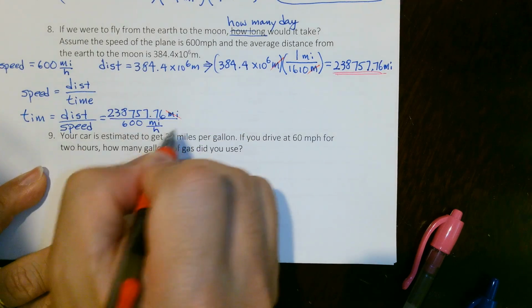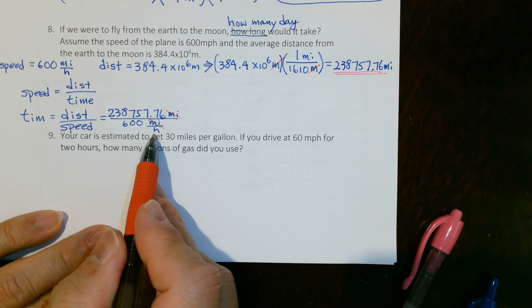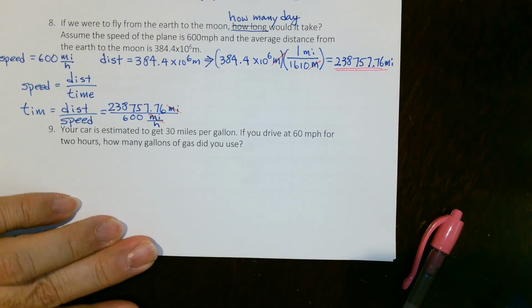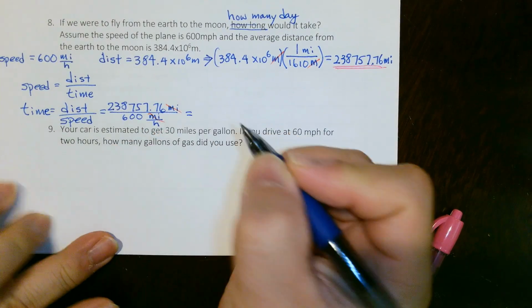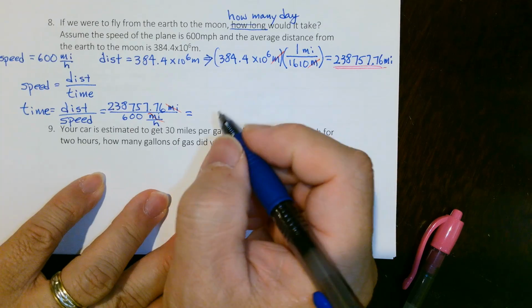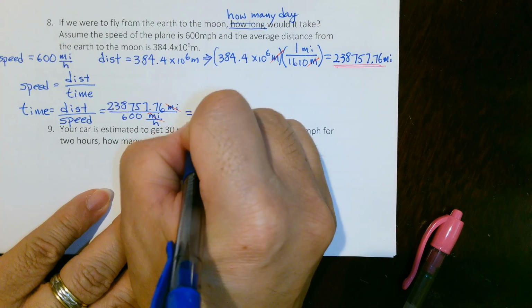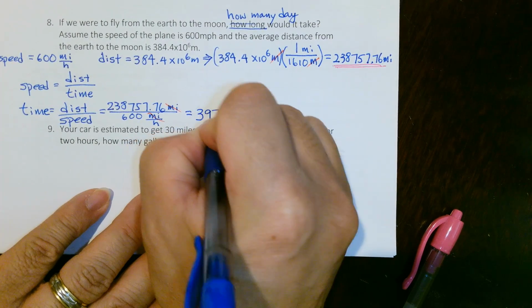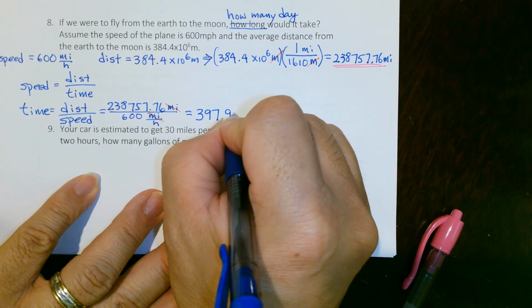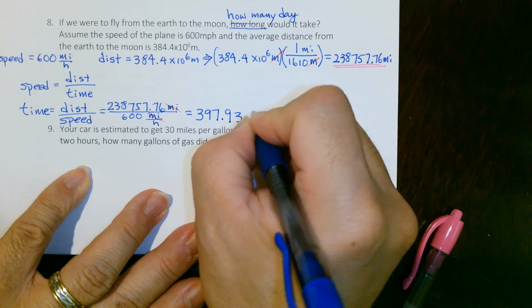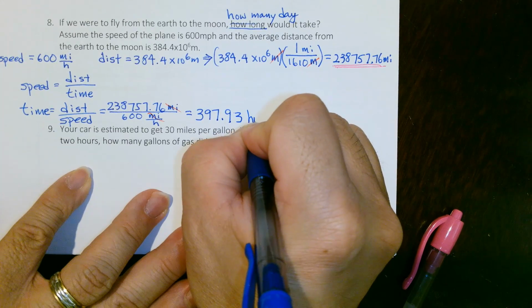Notice how the miles would cancel out, bringing the hours at the top to get the correct time. So the time, when we calculate this, comes out to 397.9, I'm going to just round it for now, for 3 hours.